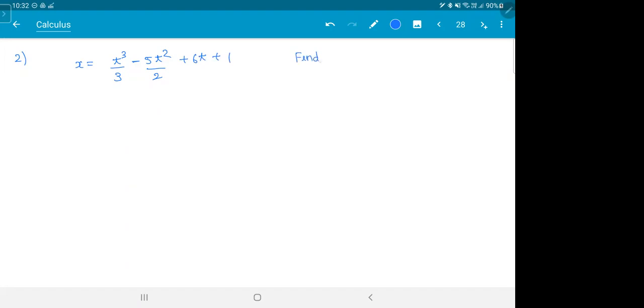They'll give you like this only directly. Find velocity as function of time t. This is the symbol for that. We'll not write every time velocity as function of time. We'll just write v of t. That is the meaning of that. a of t: acceleration as function of time t.